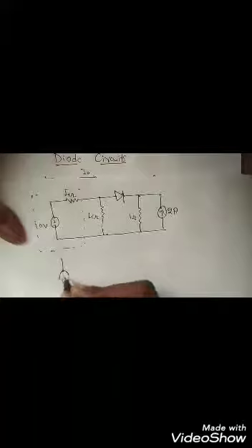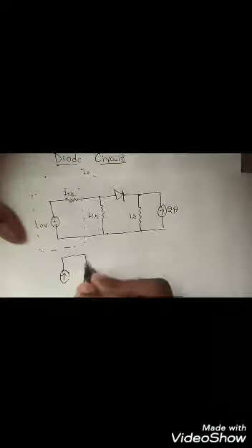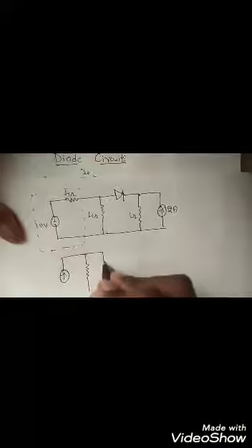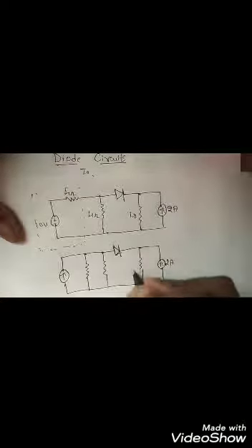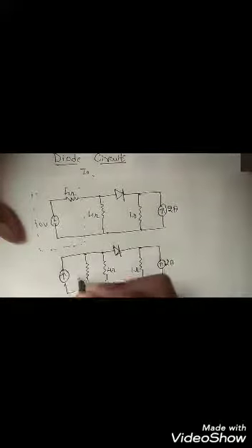So let us convert this. Here the value of the resistor remains same, but the current value will be I is equal to V by R, that is 10 divided by 4 ohms, that is 2.5 amps. So the value of this current source will be 2.5 amps.